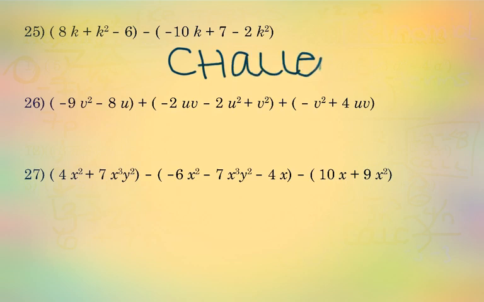Because you are adding, you're just adding a third thing in there, but then notice we have UVs instead of just, like, a U or a V or a U squared, etc. I will point out UV can only be combined with another UV, right?